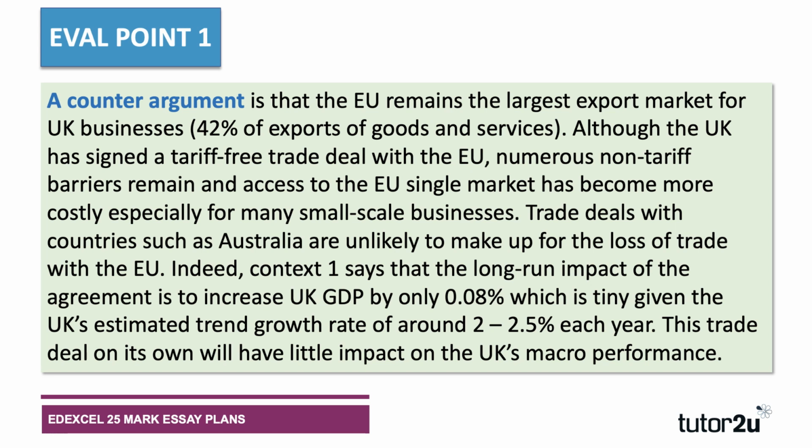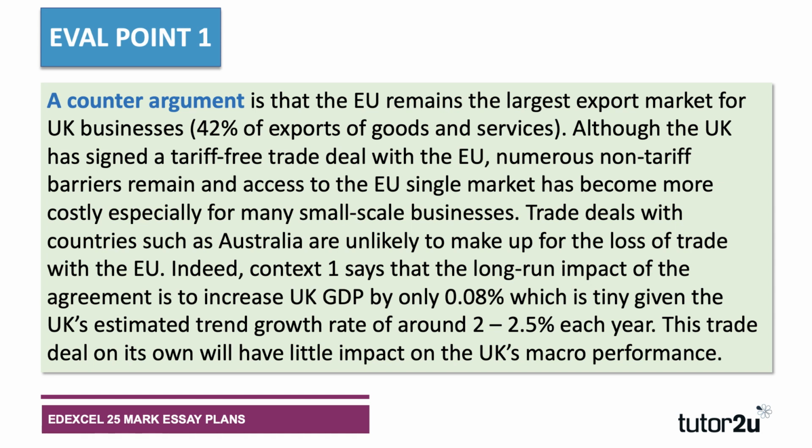And a lot of small businesses are finding it very costly now to export to the European Union outside of the single market now. So yes, trade deals with Australia and New Zealand boost our potential GDP, but they're not going to make up for the loss of trade with the EU.